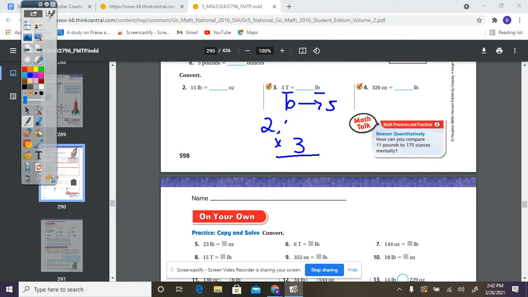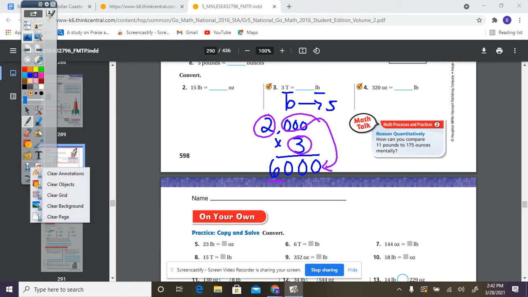There are 2,000 pounds in 1 ton, so that is 6,000. You're probably wondering, well, how did you figure that out so quick? If you multiply 2 times 3, you get the 6, and then you keep the zeros. 2 times 3 is 6, and keep the zeros. There's a trick for that.